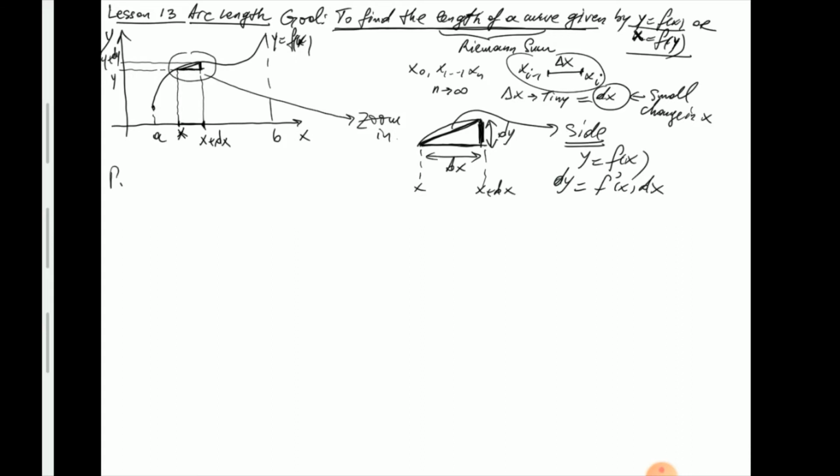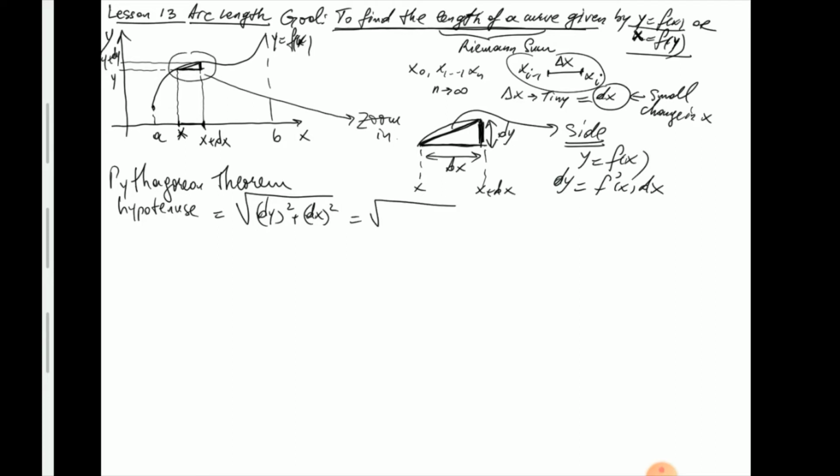So from the Pythagorean theorem, this side that we're going to integrate over, the hypotenuse, is going to be the square root of dx, well, let's start with dy first. So dy squared plus dx squared, and dy is going to be f prime of x dx quantity squared plus dx squared.